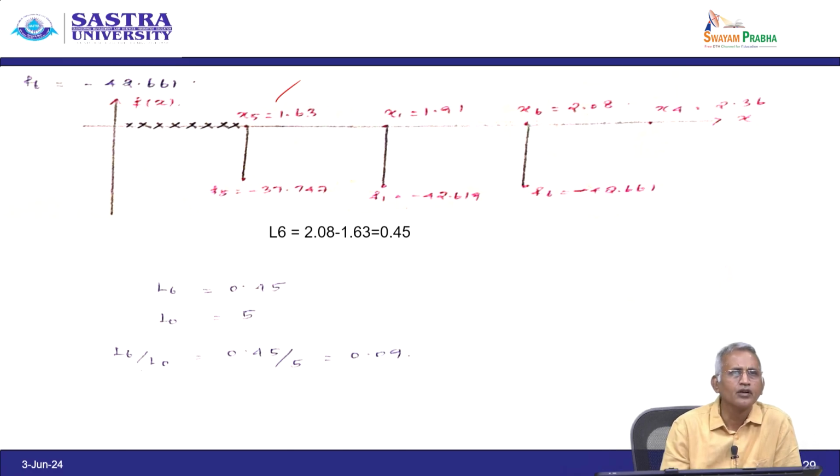Therefore, omitting 0 to x5, then L6 equal to x4 minus x5, which is equal to 0.45. Therefore, L6 equal to 0.45 and L0 equal to 5. So, L6 by L0 equal to 0.45 by 5, which is equal to 0.09.